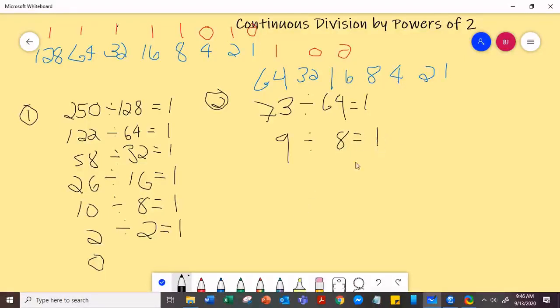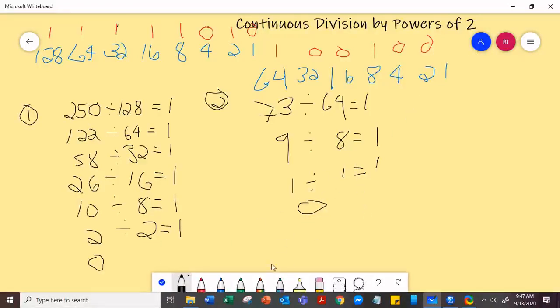So we get 1, remainder 1. We're able to divide by 8. We won't be able to divide by 4 and 2, but we will be able to divide by 1. Get 1, then we stop because the remainder is 0.